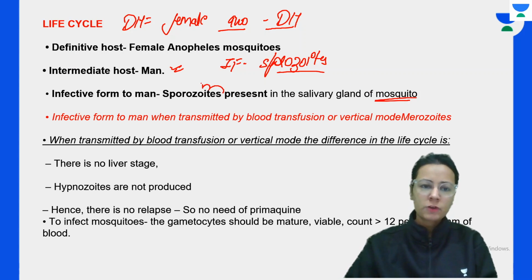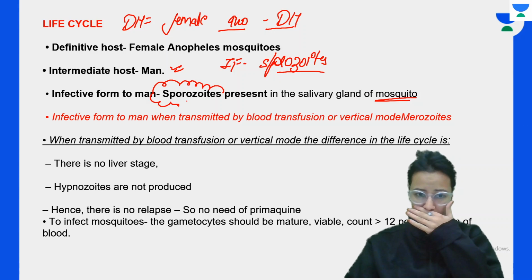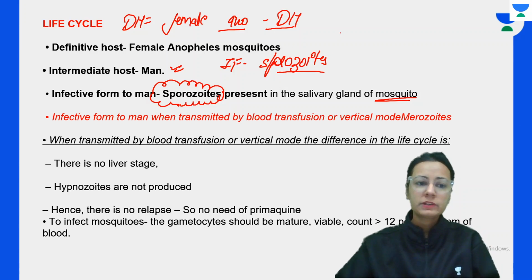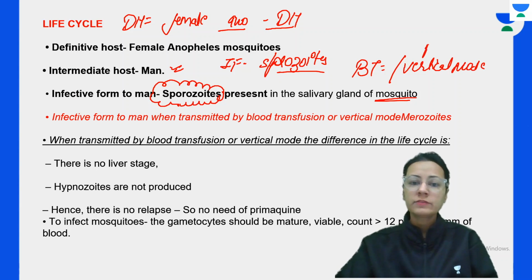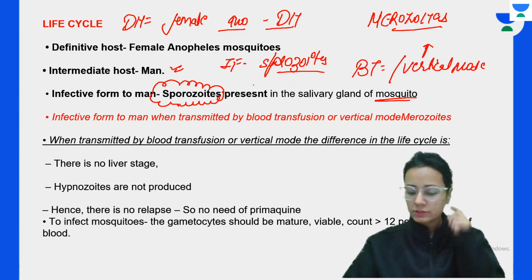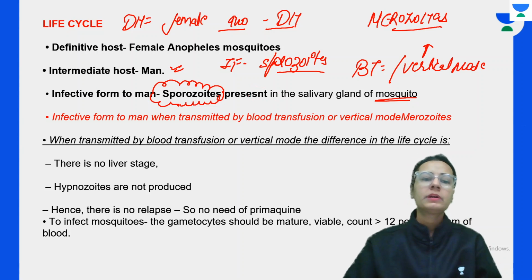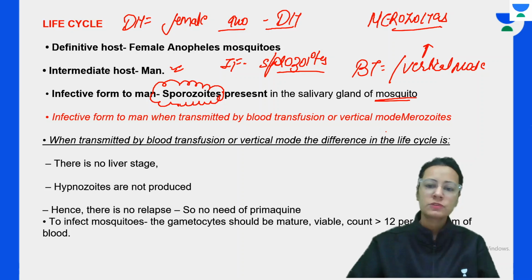Although the infective form is the sporozoite, what is the infective form when it is transmitted by blood transfusion or by the vertical mode? In that case, the infective form will be the merozoite.